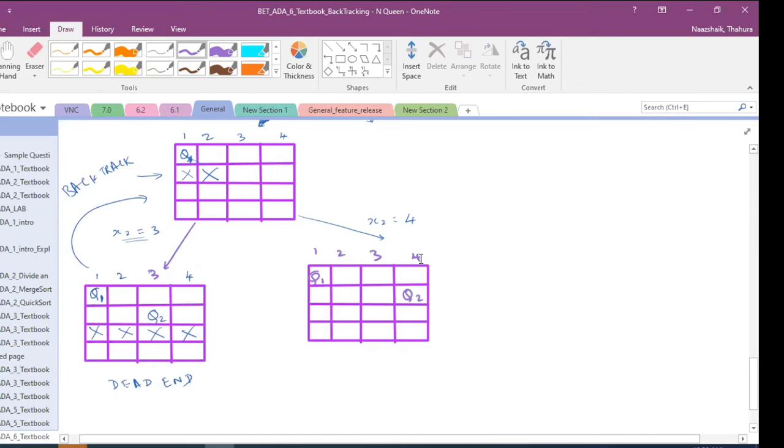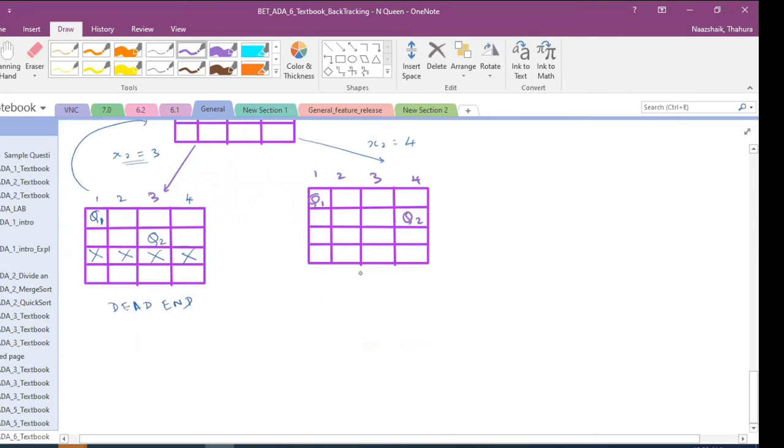So with this choice, let us explore, is there a possibility for queen 3, x3? Can I place queen 3 here? No. Here? Yes. So I have an option where I can place x3 at 2.